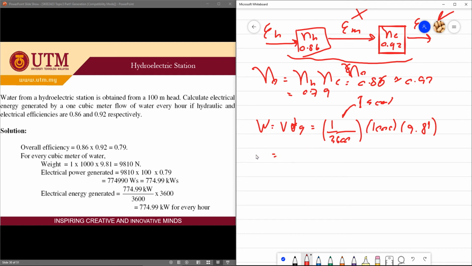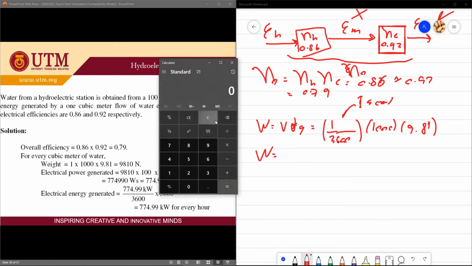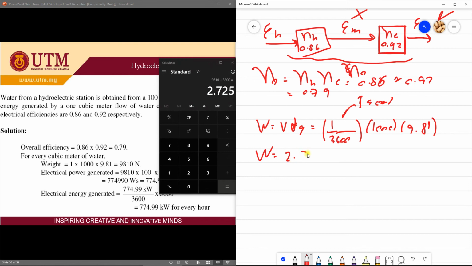So weight is equal to, let me calculate this, 1000 multiplied by 9.81 and then divide by 3600, so you get 2.725 Newton.